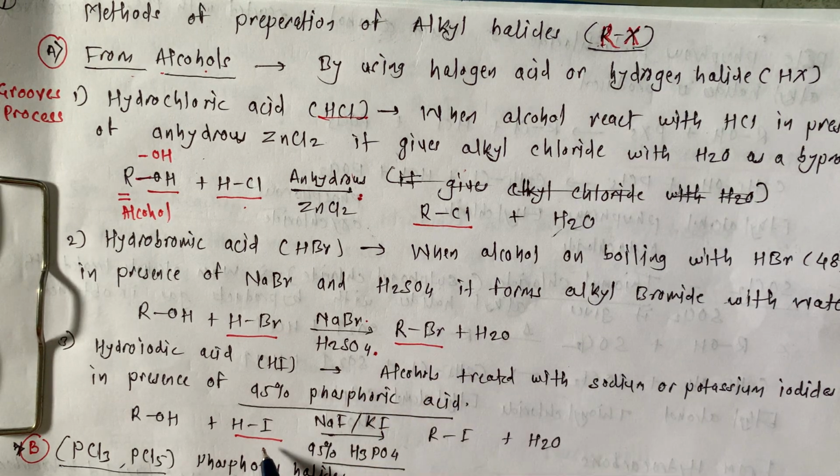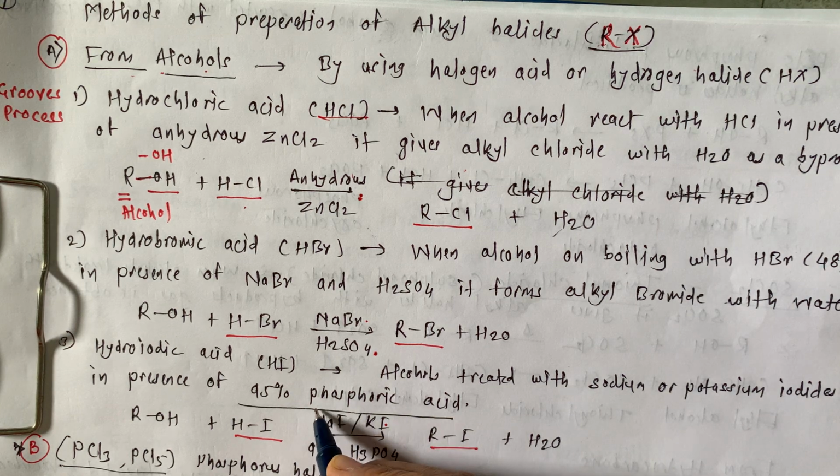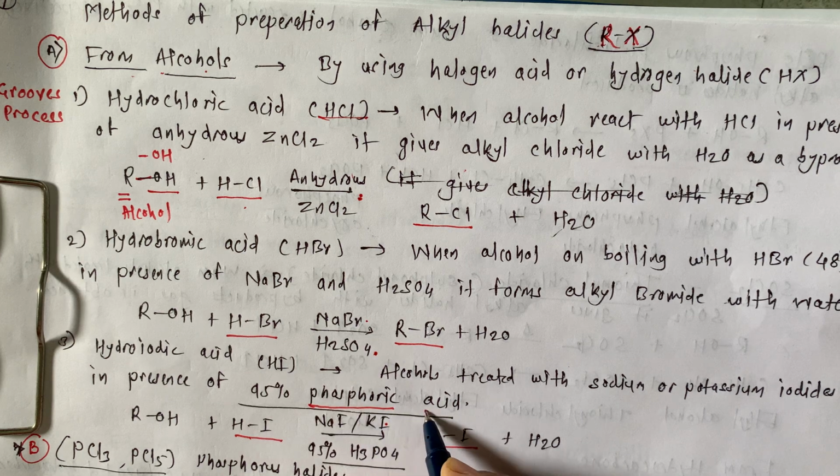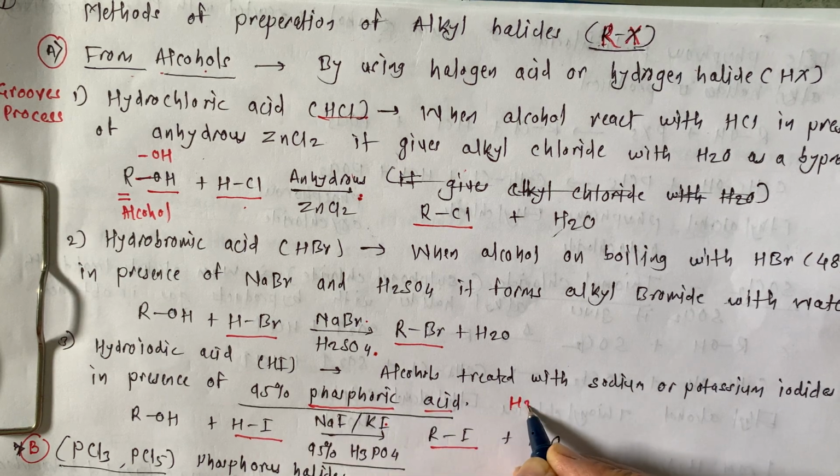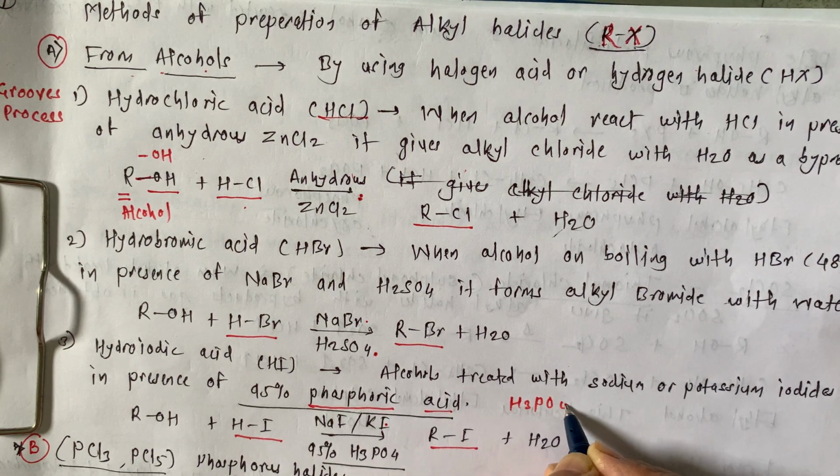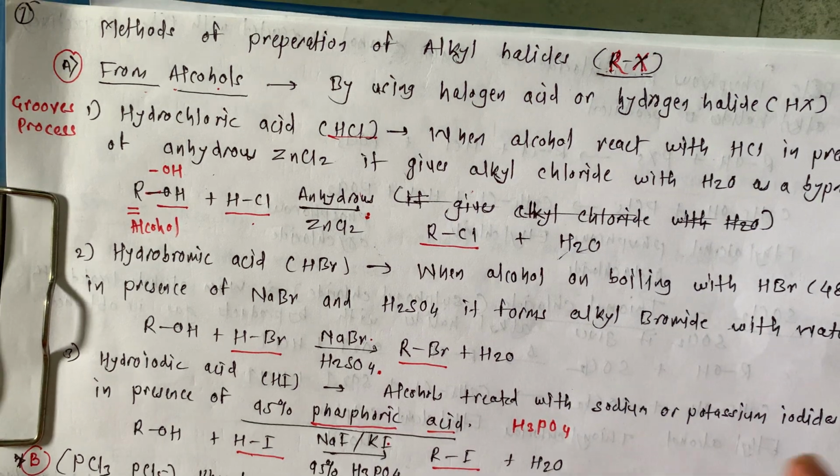While for RI, to react alcohol with HI, we need sodium iodide or potassium iodide, and importantly it must be in presence of 95% H3PO4. H3PO4 is our phosphoric acid. Remember this thing.